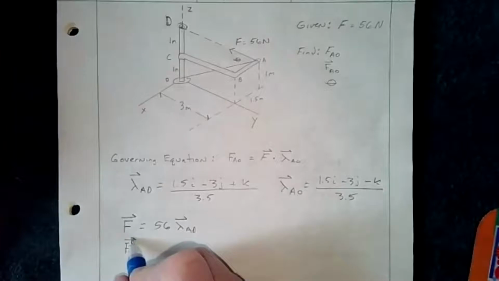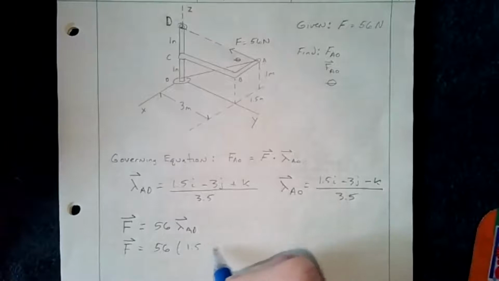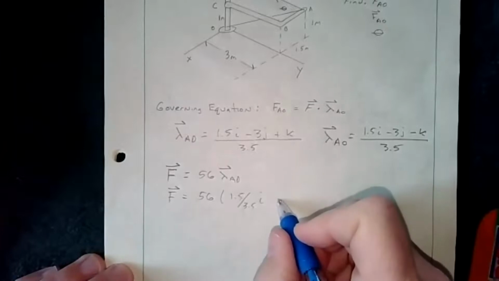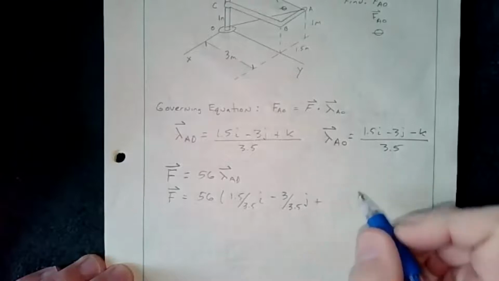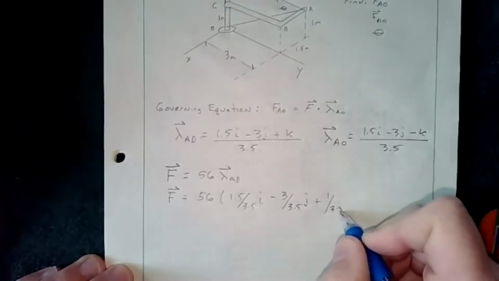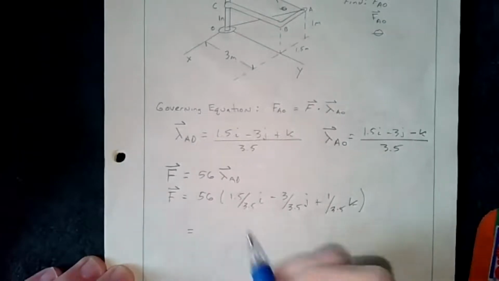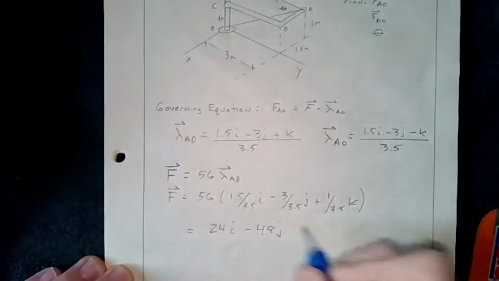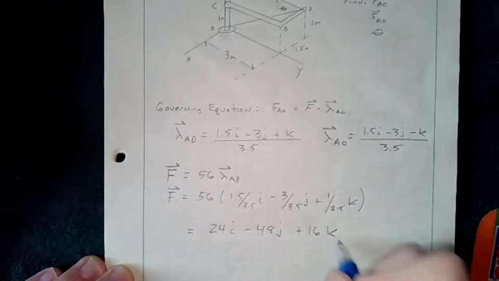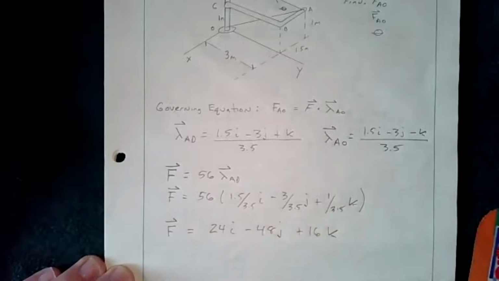So F equals 56 times 1.5 over 3.5 I minus 3 over 3.5 J plus 1 over 3.5 K. And so with that, we should get 24I minus 48J plus 16K. All right, so that's just our force. Now we have it as a vector.